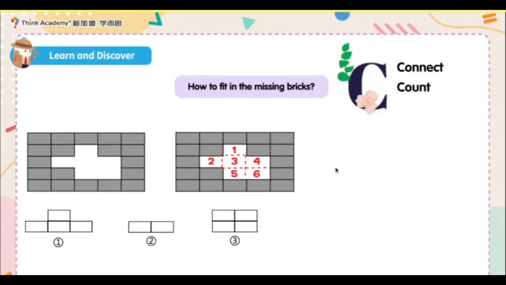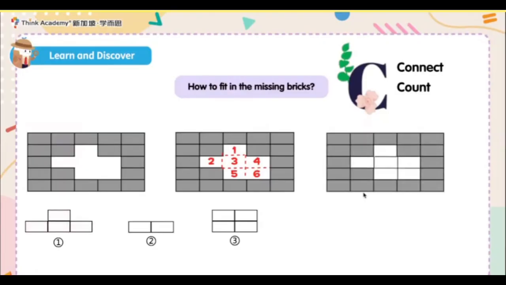The second C, right? Everyone write down count on your paper. Then the third C is compare. You can see we can compare starting from the special pieces, right? You see this one is the same as this brick, this part. And then the second one, yeah, it should be here. Okay, then the third one, can or cannot?